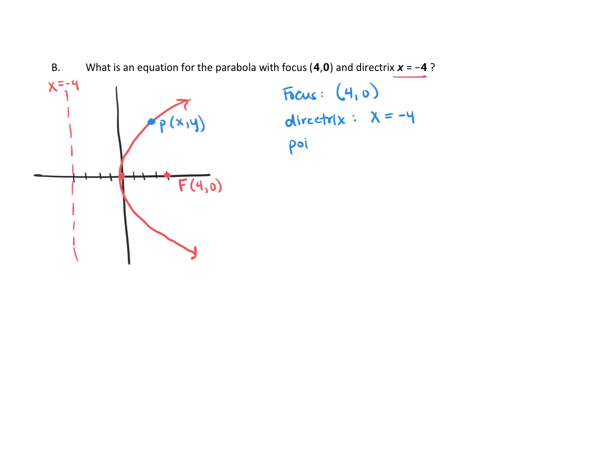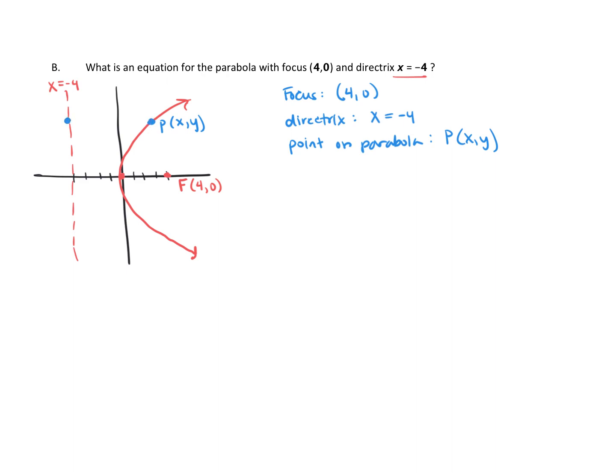We know that any point on the parabola has the coordinates (x, y), so a point on the parabola is P(x, y). And a point on the directrix is going to be the point straight across from it. That's the shortest distance from this point to the directrix, right here.